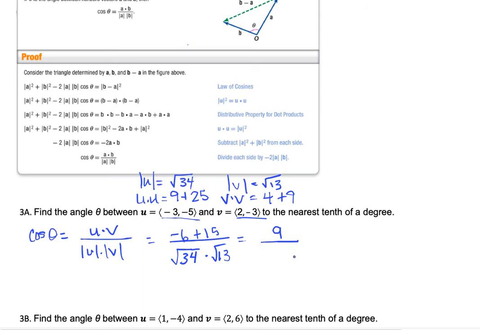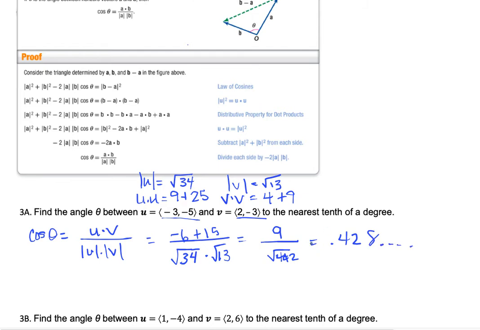Let's see, I think I had this simplified on my notes somewhere. This was like 442. But if you throw this in your calculator, you're going to get a decimal. I get like 0.428, whatever.